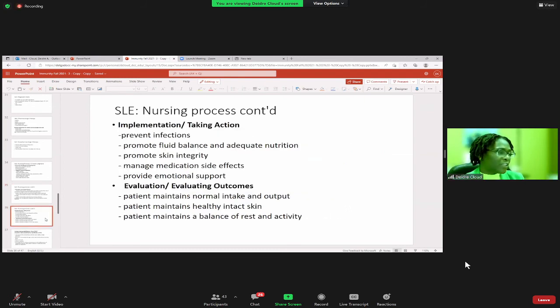We want to prevent infection, making sure they get antibiotics, making sure we're using aseptic technique, promoting good skin integrity. We talked about all of these things, managing the side effects of medicine, and providing emotional support. And how do we know our actions worked? We're going to have positive outcomes.